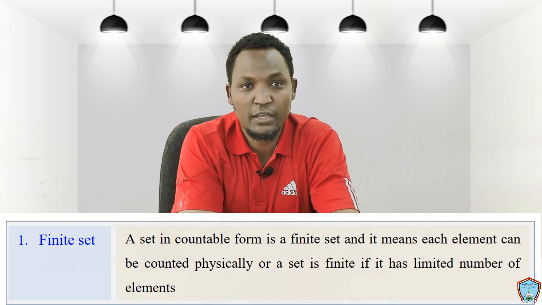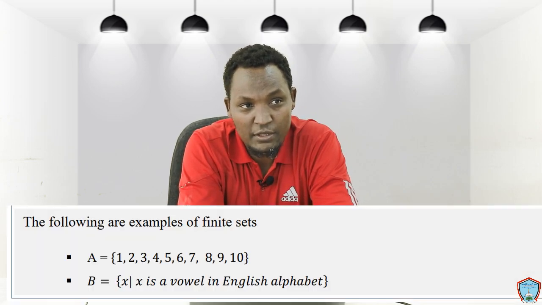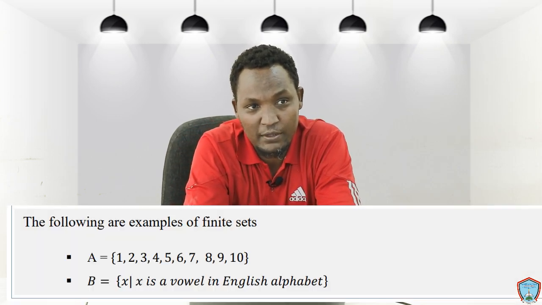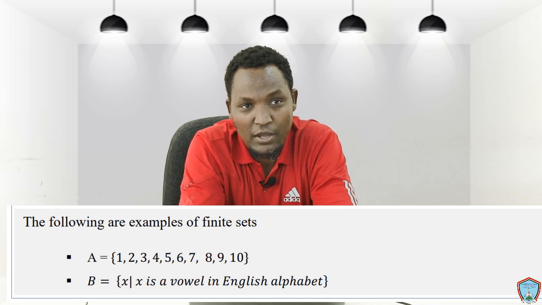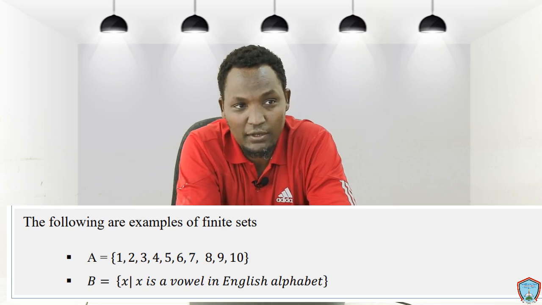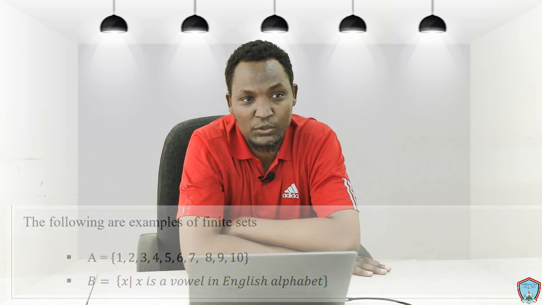Since all its elements can be counted, the size of the set is fixed. For example, the set of vowels in the English alphabet and the set of natural numbers from 1 to 10 are finite sets because they have specific numbers of elements, and we can list them.